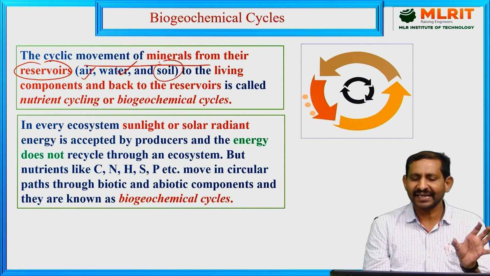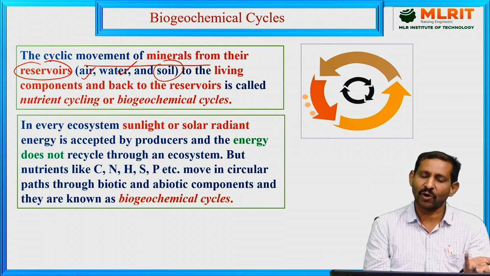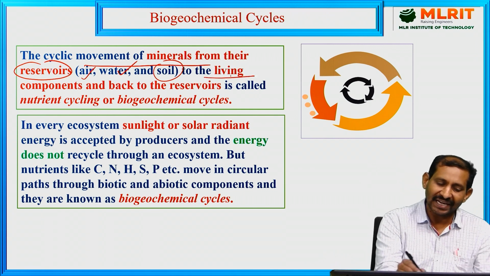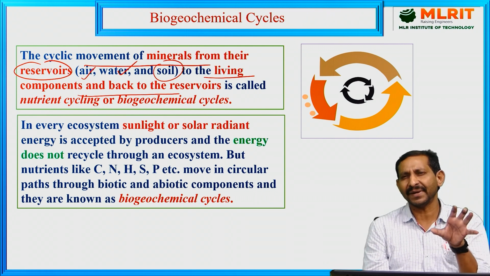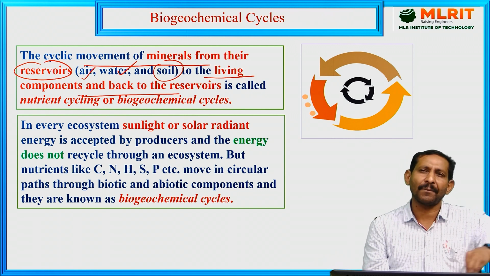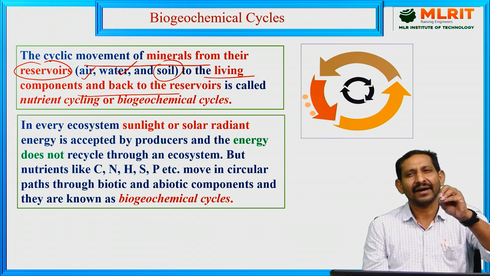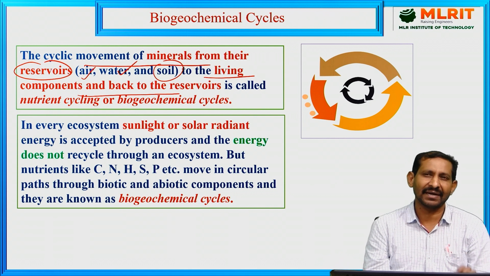Once the minerals move from the reservoirs, either air, water or soil, to the living components and back from the living components to the reservoirs, this cyclic movement is called the biogeochemical cycles.